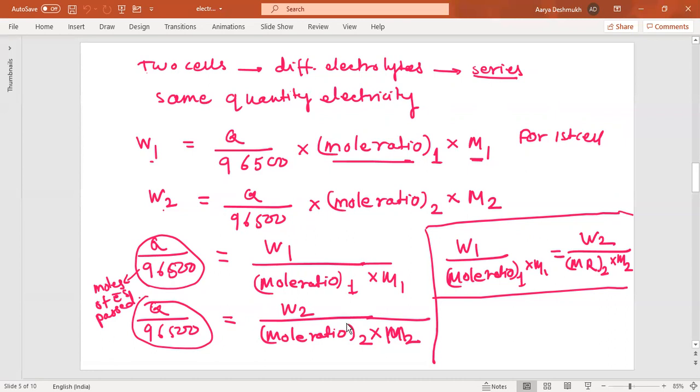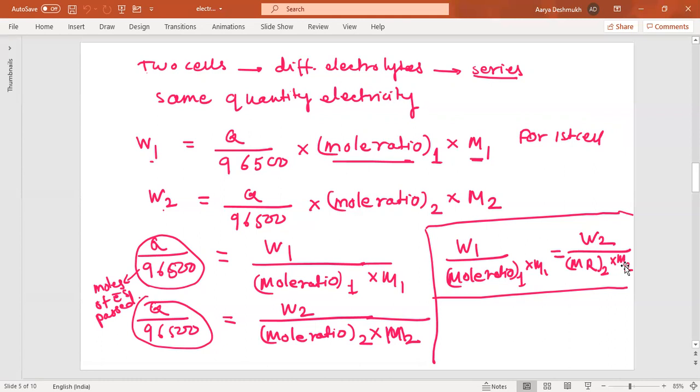These two terms will be equal because the same quantity of electricity is passed, that is, the moles of electrons passed remain the same. So W1 divided by MR1 into molar mass of electrolyte 1 equals W2 divided by MR2, the mole ratio of the second cell, into the molar mass of the second electrolyte.